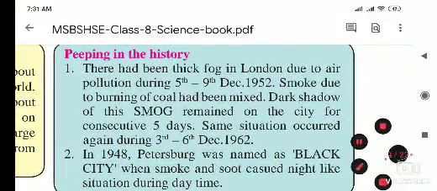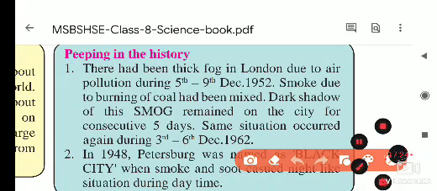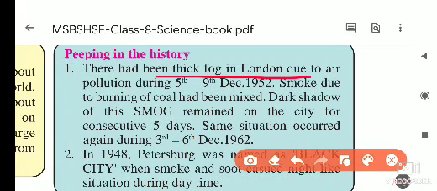Now, peeping into history. First of all, there had been thick fog in London due to air pollution, from 5th to 9th December 1952. The smoke from the burning of coal had mixed into the fog. It forms smog: fog plus smoke is equal to smog.